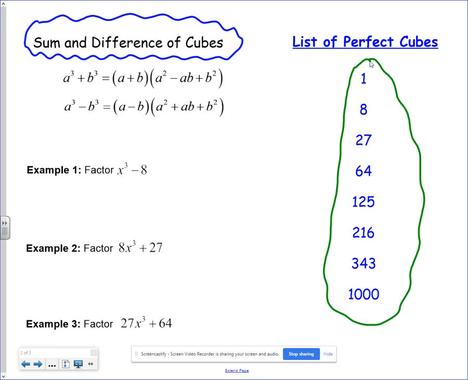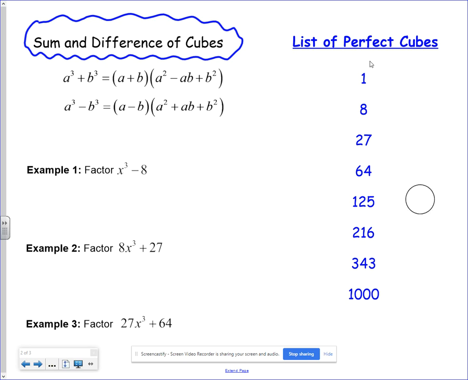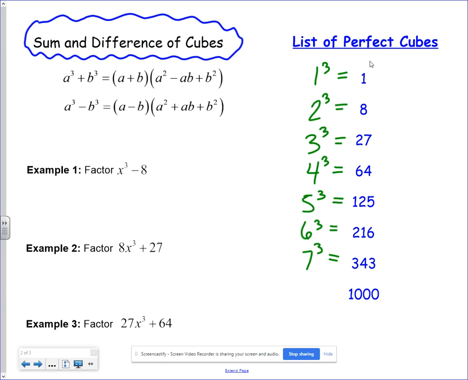The reason these are perfect cubes is because if you take 1 to the third power, that's 1. 2 to the third power is 8. 3 to the third power is 27. 4 to the third power is 64. 5 to the third power is 125. 6 to the third power is 216. 7 to the third power is 343.